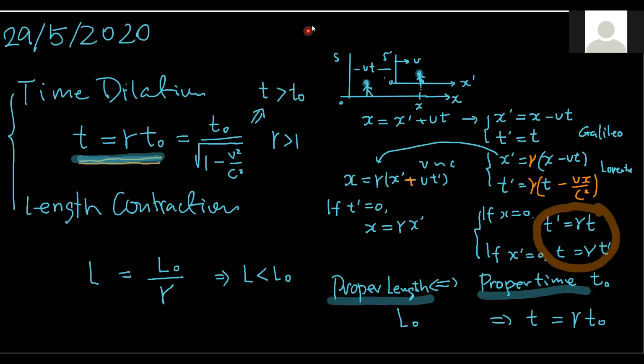I should draw a clock here. In either frame, you have to draw the clock. So he has a clock, and also he has a clock. So basically, the time for the guy on the moving frame will be t0.